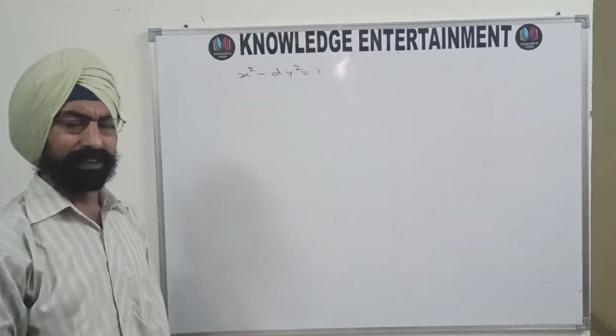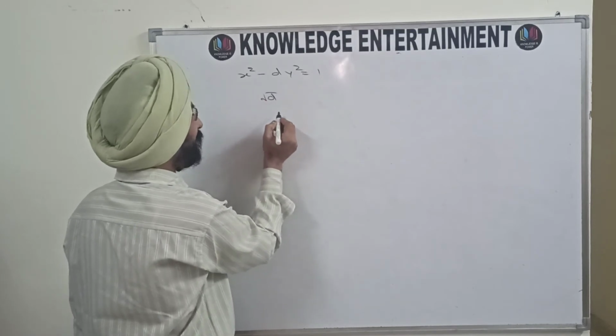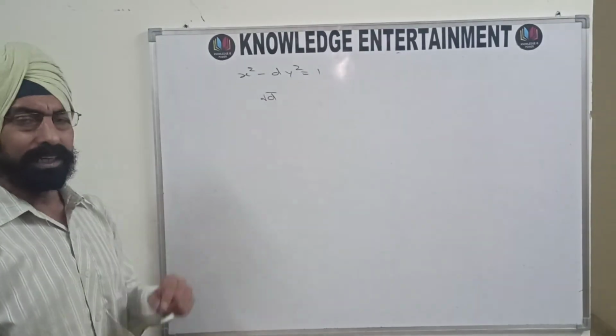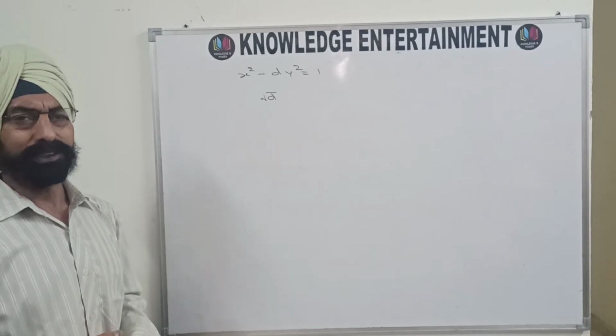This Pell's equation is given, and the continued fraction expansion of root d will definitely be a periodic expansion.